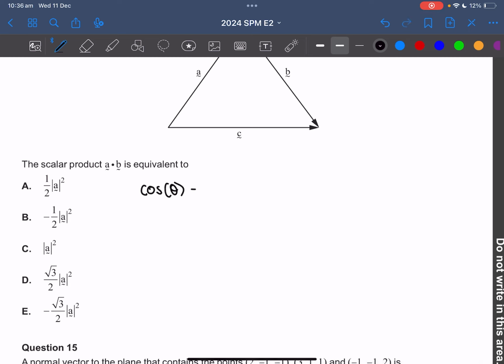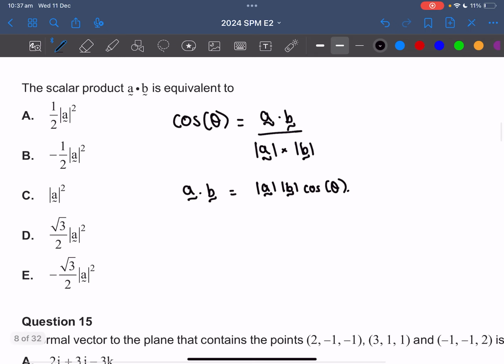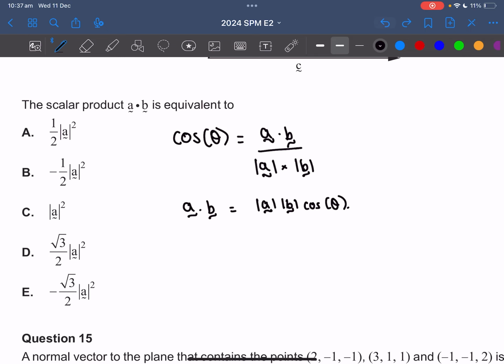So cosine of theta equals A dot B over the magnitude of A times the magnitude of B. That's the formula that we will be using. So to find A dot B, we will have that equal to the magnitude of A, magnitude of B, and then cosine of theta. Okay, so first I need to find the theta between.